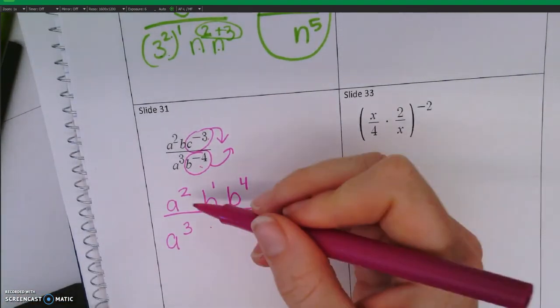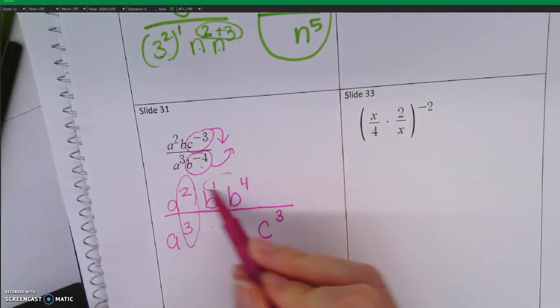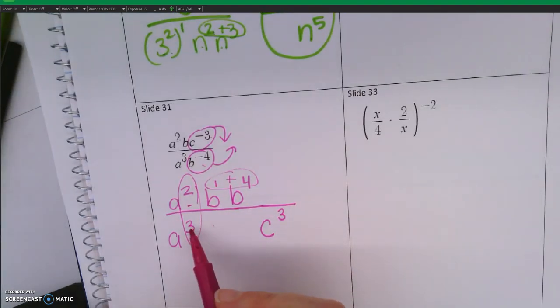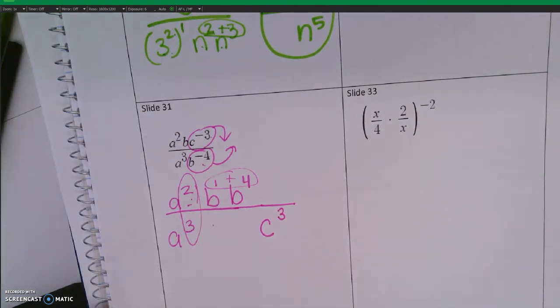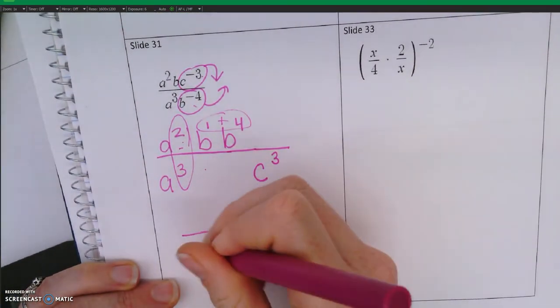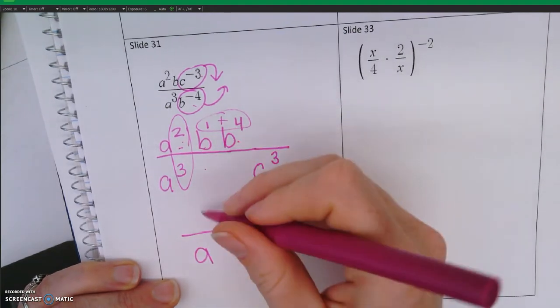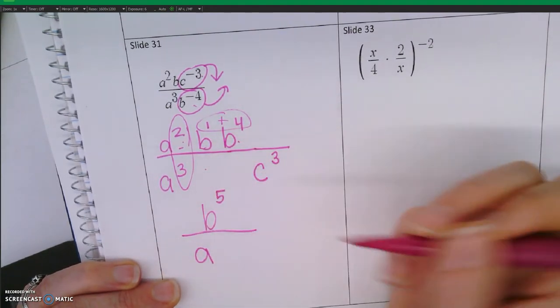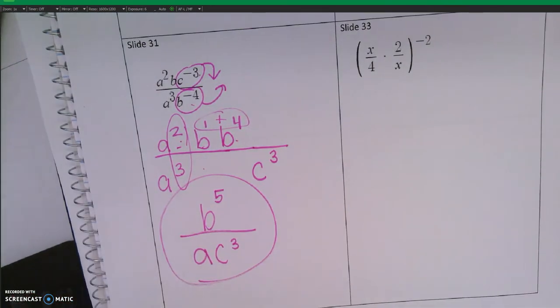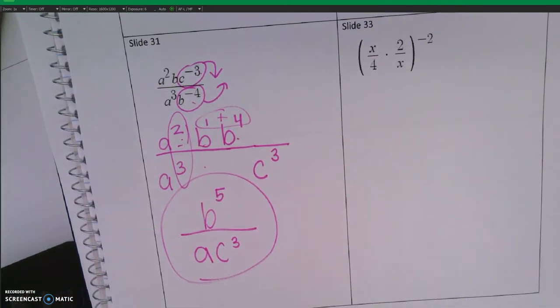From here, I'm going to use my quotient of powers and my product of powers rules. And 3 factors of a and 2 factors of a, 2 factors will cancel out. There'll be 1 factor left in the denominator. There will be 5 factors of b in the numerator, and c to the third power will stay in the denominator. Excellent.